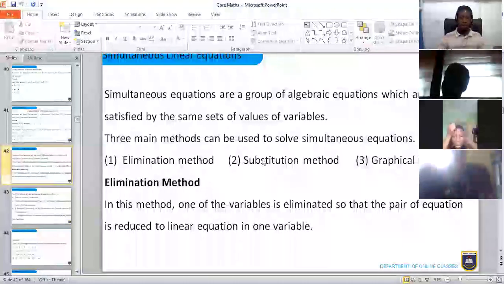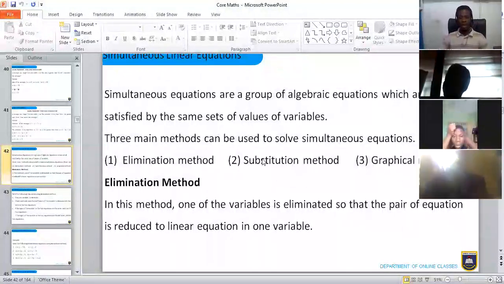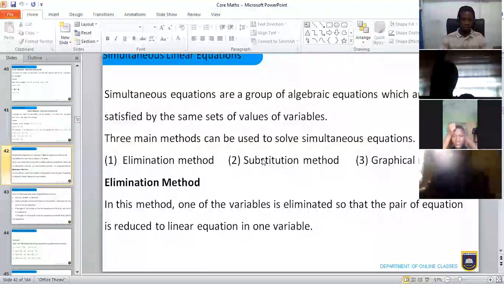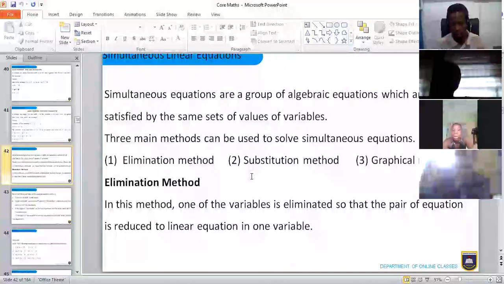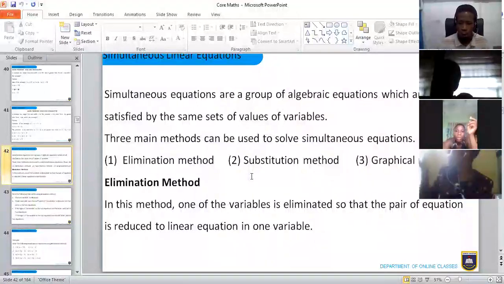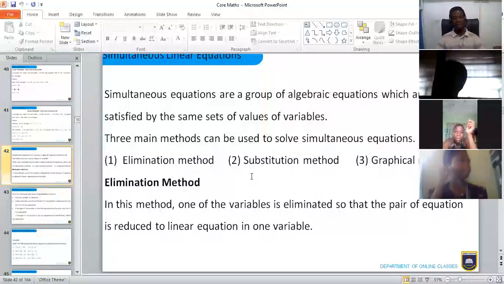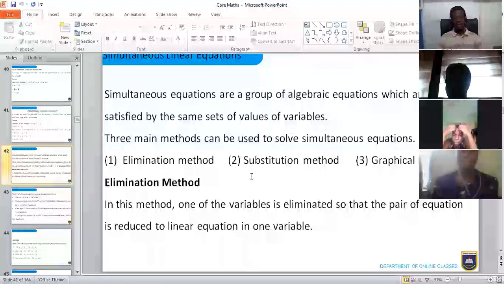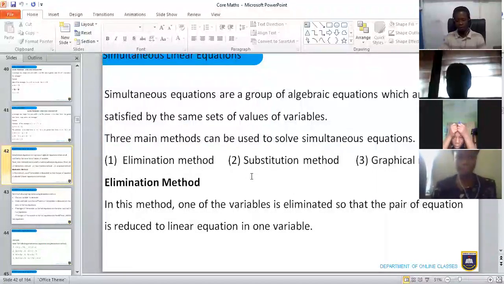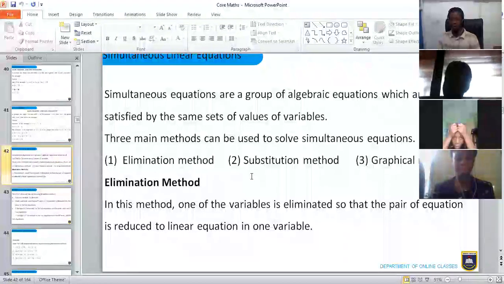So we'll be looking at simultaneous linear equations and methods to solve them. When we talk about simultaneous equations, it's about equations that occur at the same time. Like we have one equation involving variables x and y, and another equation involving the same variables x and y.